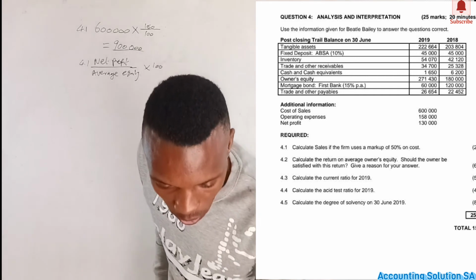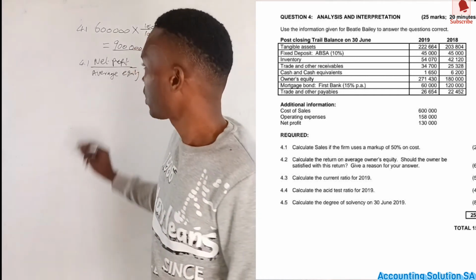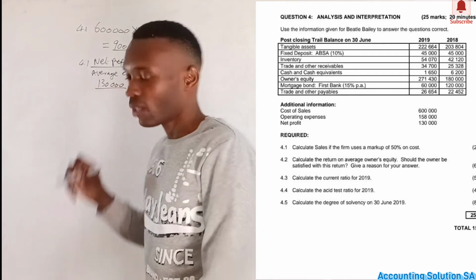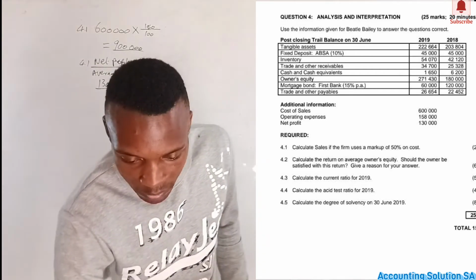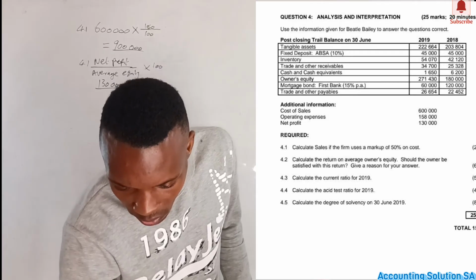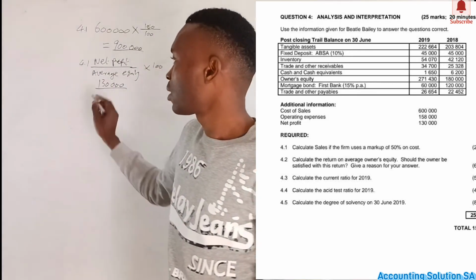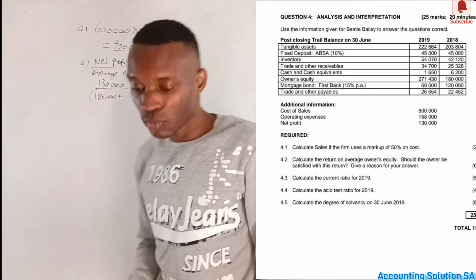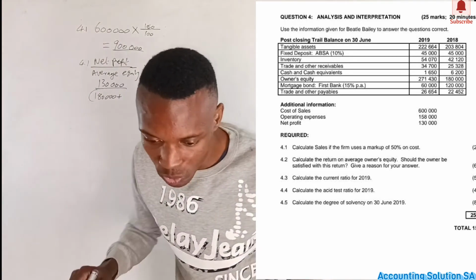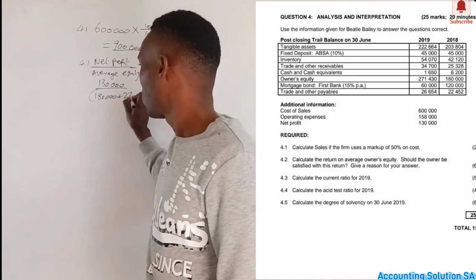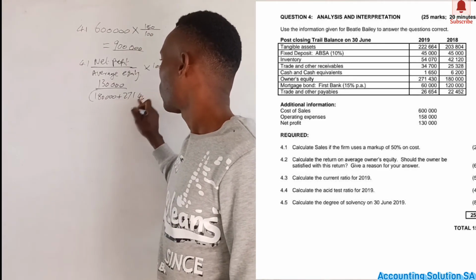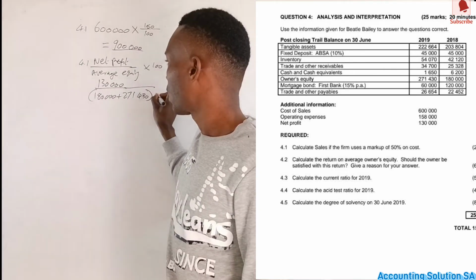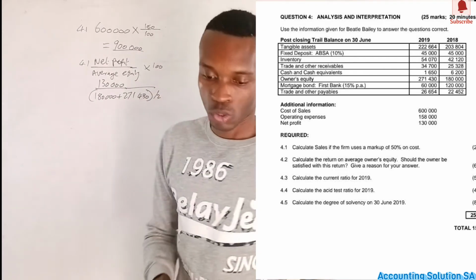Then let's check our net profit in this case. Let's check our equity for last year and for this year. For last year it was 180,000, which we add to the current year of 271,430. You add them together and you divide by 2.